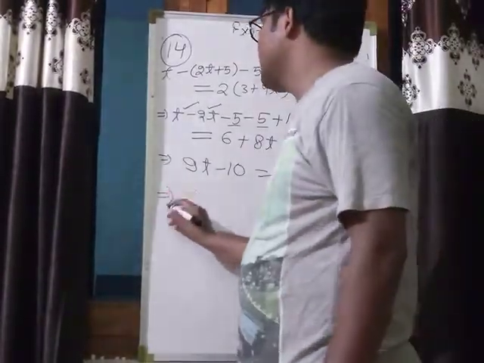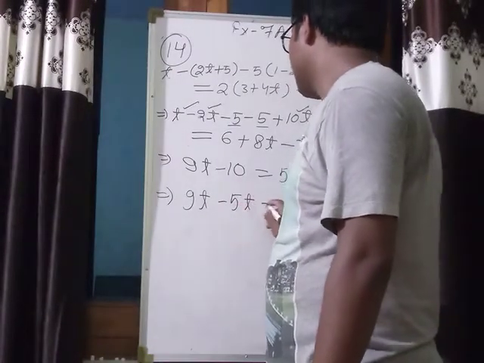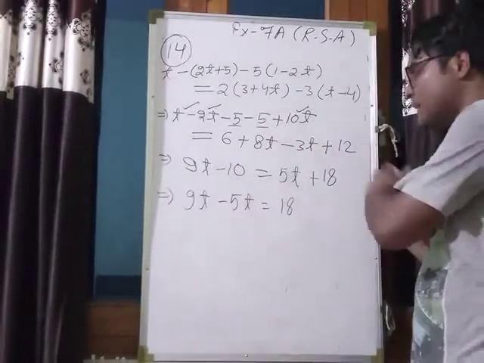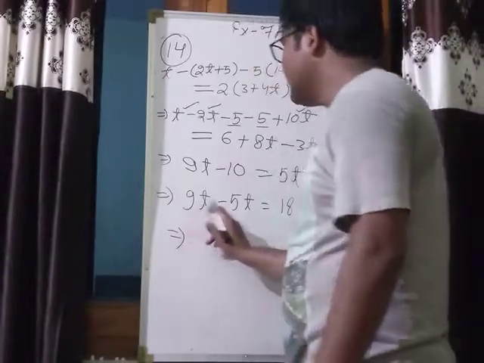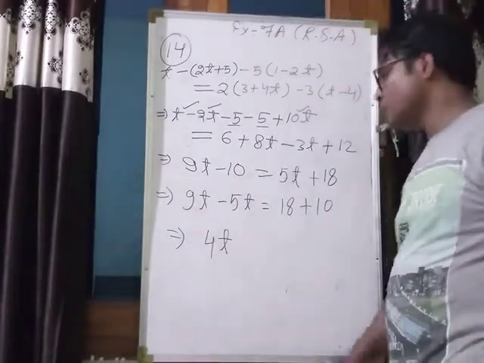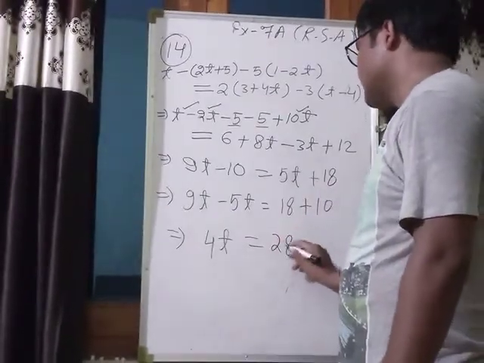What we have? This is 9t minus 5t, and this is plus 18. Transfer this minus 10 to right side, that is plus 10. What will become? 9t minus 5t, that is 4t. That is equal to 18 plus 10, 28.